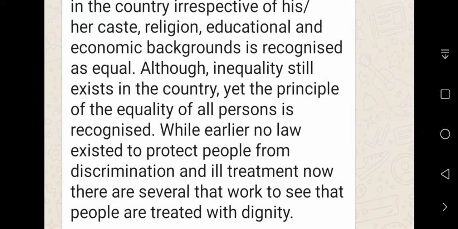While earlier no law existed to protect people from discrimination and ill treatment, now there are several that work to see that people are treated with dignity. It is a secular country, and all have the right to equality given by the Indian Constitution.